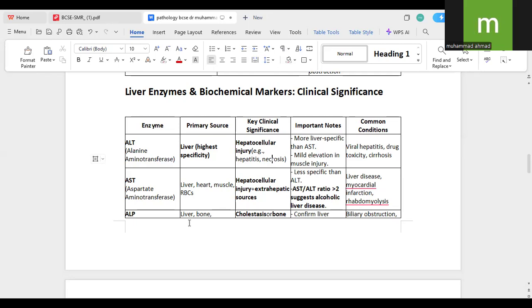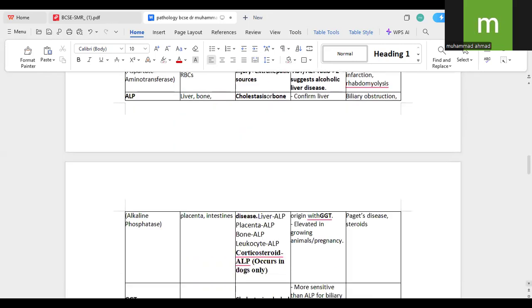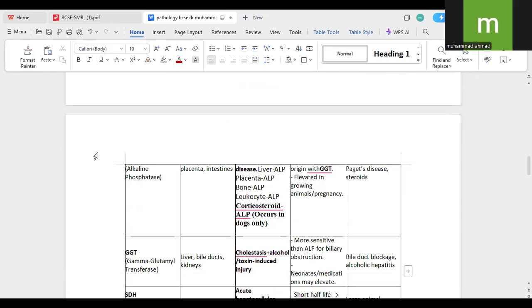ALP primary source is liver and bone. You can see it in cholestasis or biliary obstruction. Alkaline phosphatase has five types: liver ALP, placenta ALP, bone ALP, leukocyte ALP, and corticosteroid ALP.